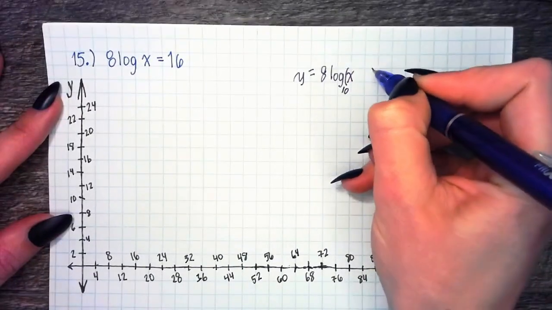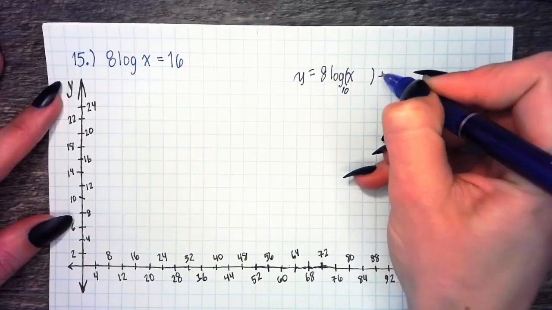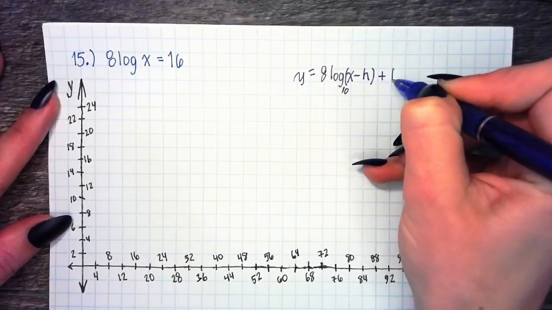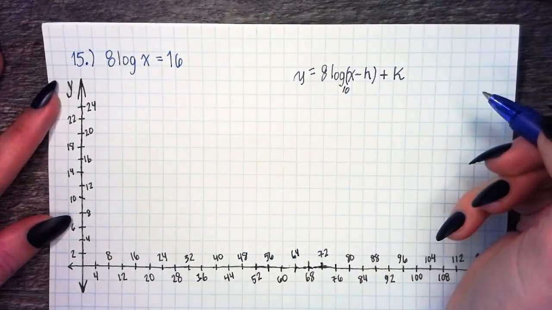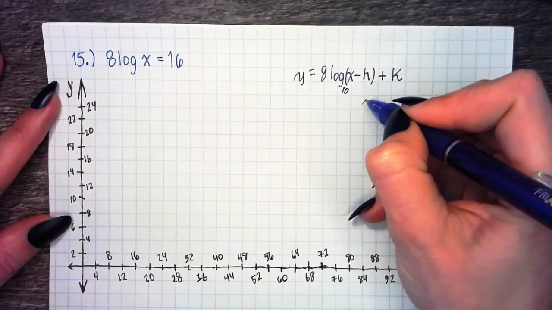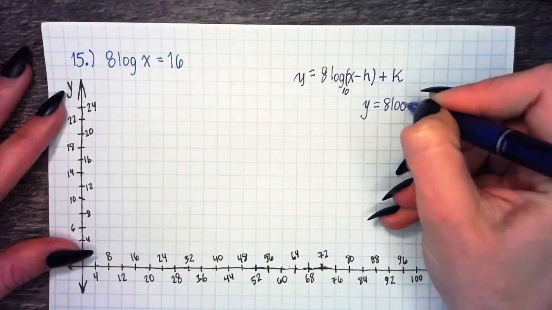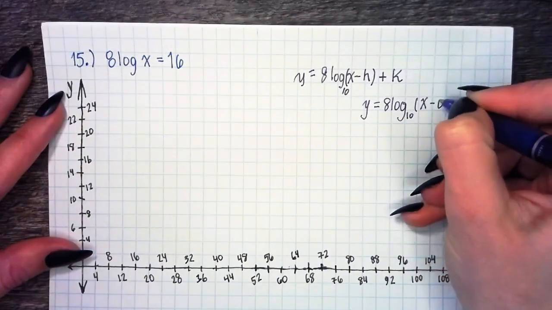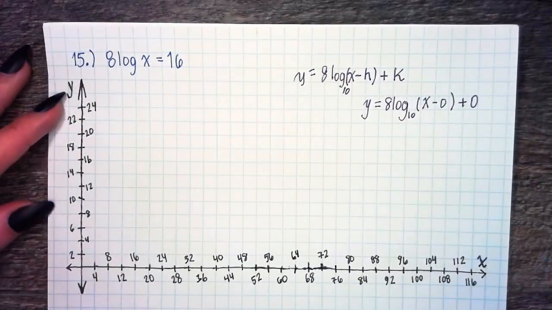Now, there's no plus or minus here, so my graph didn't move left or right, and there's nothing being added or subtracted at the end. So my h and my k are both 0, essentially. If you like it like that and you want to write that out, go ahead. y equals 8 log base 10 of x minus 0 plus 0.